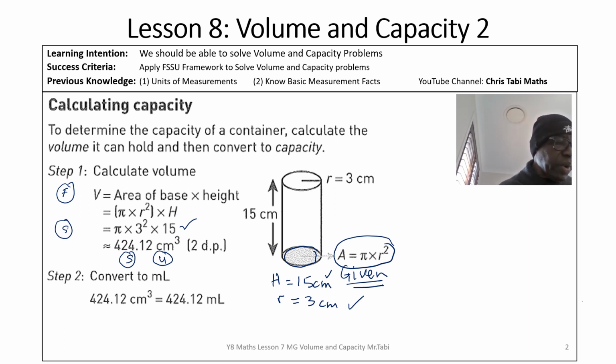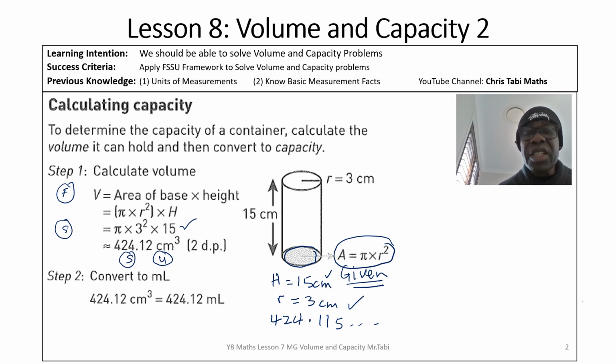So we have pi multiplied by 9 multiplied by 15, and that gives us 424.115, and so on.